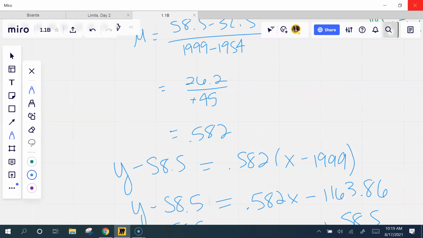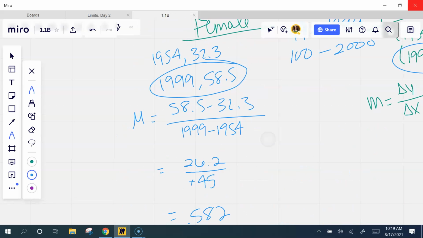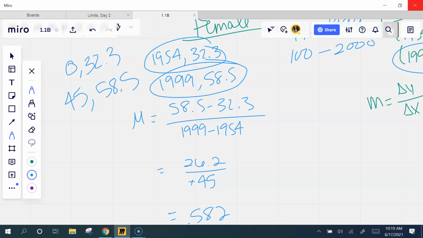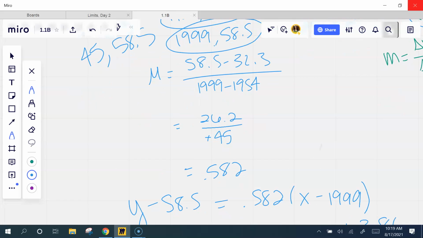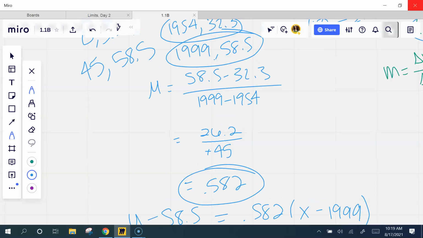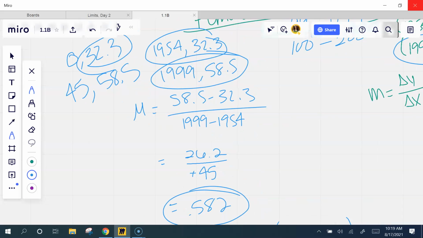So they let this point be 0, 32.3, and they let this point be 45, 58.5. So when they found their slope, they used this as their y-intercept. So they said y equals 0.582x plus 32.3, because b is your y-intercept.